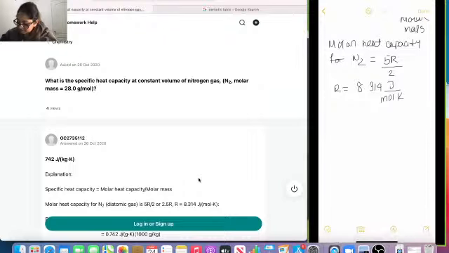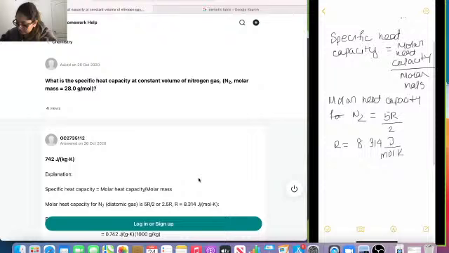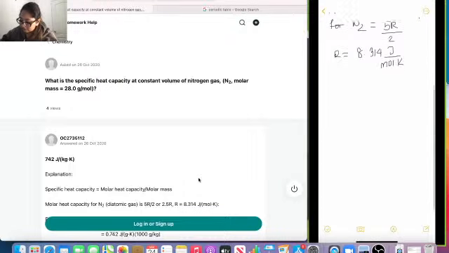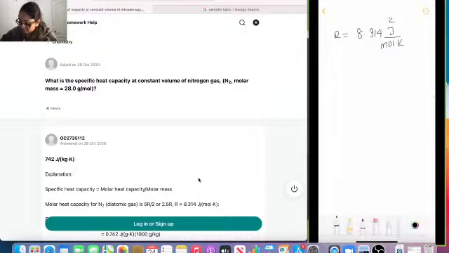So back to our specific heat capacity. We have our molar heat capacity, 5R over 2, and we're just going to divide that by our molar mass, which is 28.0 grams per mole.